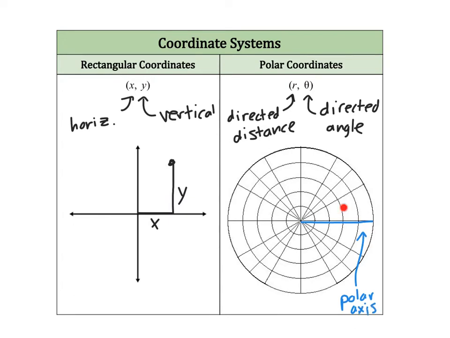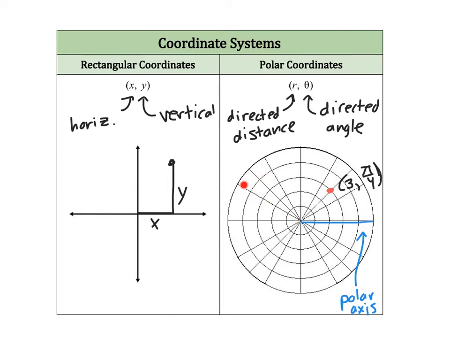Just like a unit circle, we're going to move in the counterclockwise direction to find our angle. So for example, if we had a coordinate right here, I count 1, 2, 3 units away from the center, so my R value is 3, and I can see that that line represents pi over 4, because in the unit circle this is pi over 6, pi over 4, and pi over 3. So that's our coordinate.